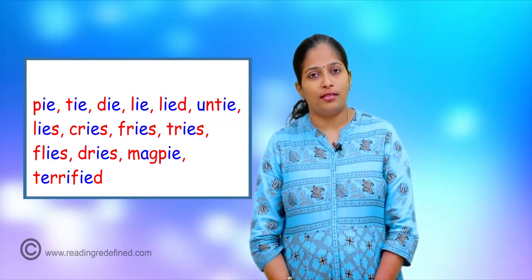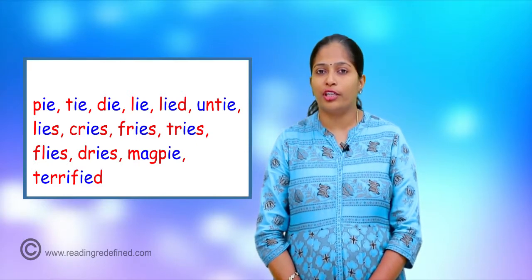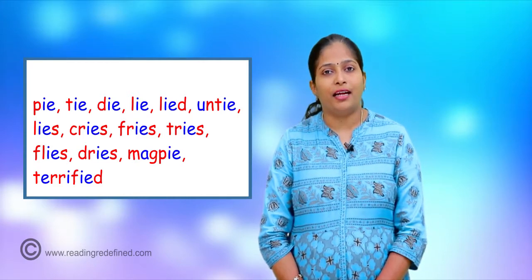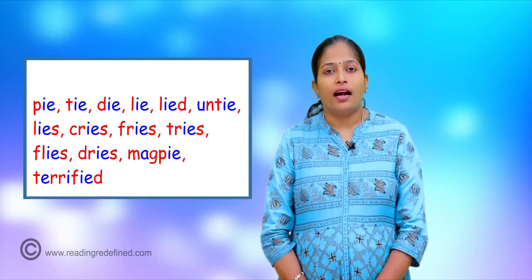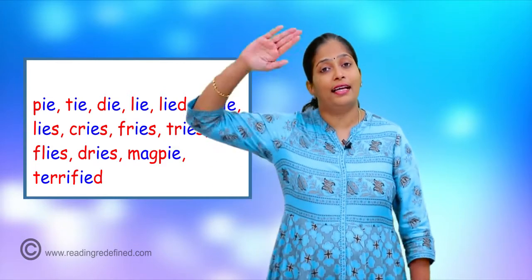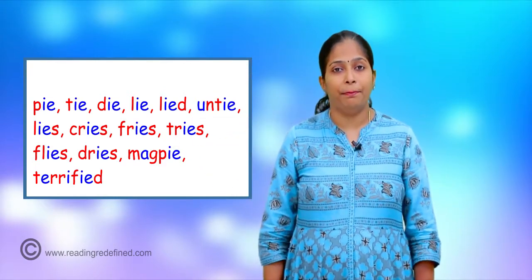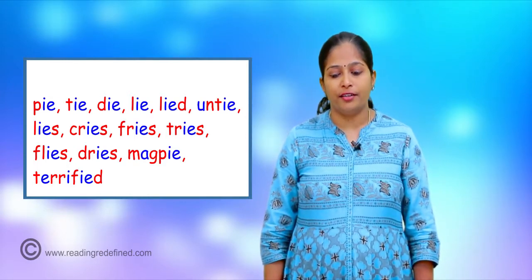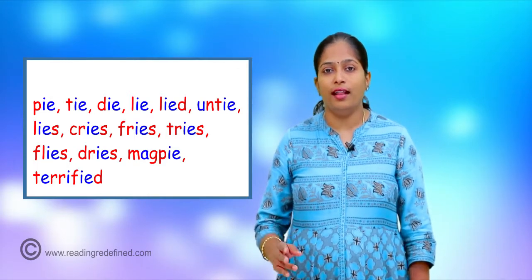Again, the same concept of reading it together, I and E. Help them by underlining the spelling IE together, so they will be able to read it as I. P, ie, pie. T, ie, tie. D, ie, die. L, ie, d, lied.